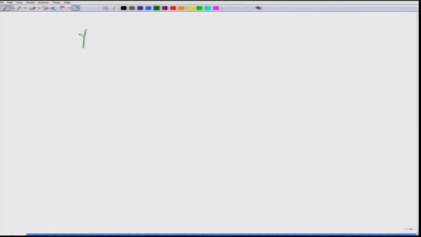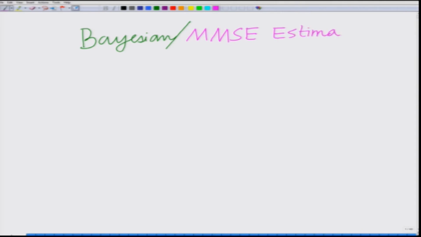In this course, we are going to look at different aspects of Bayesian or basically MMSE estimation, where this term MMSE stands for minimum mean squared error.